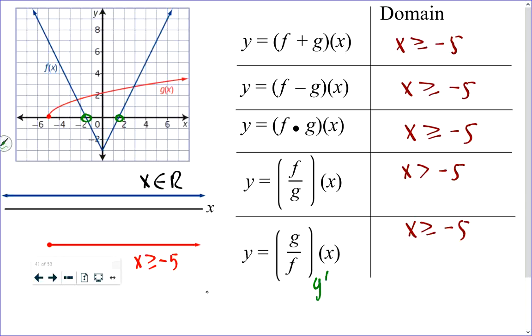And this function means g of x over f of x. So you can't do that if f of x is 0, and f of x is equal to 0 at those two points. So how I would communicate this, and let's just say that they are at negative 1.5 and positive 1.5, I would simply put a comma and say, oh, by the way, x cannot equal plus or minus 1.5.